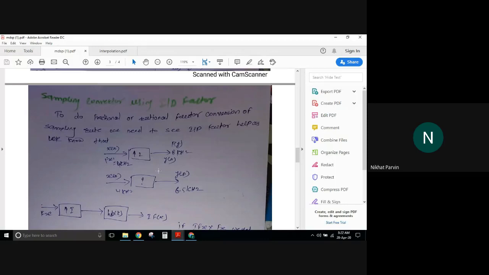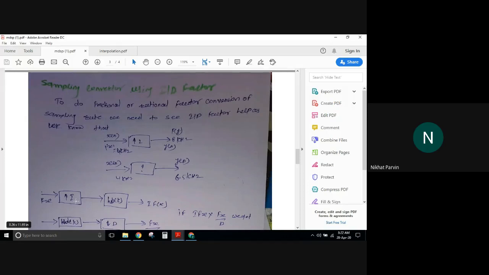So let us think about what we know. When you have to go from 4 to 8 kilohertz, we may use interpolation. Here, your input sampling rate f of x is upsampled by a factor I, then you apply the low pass filter, and then you get I times f of x.